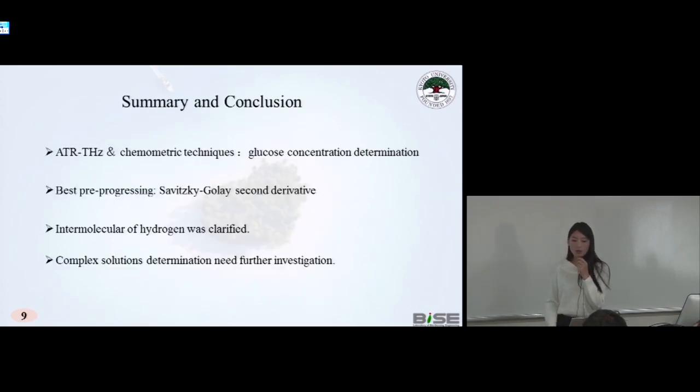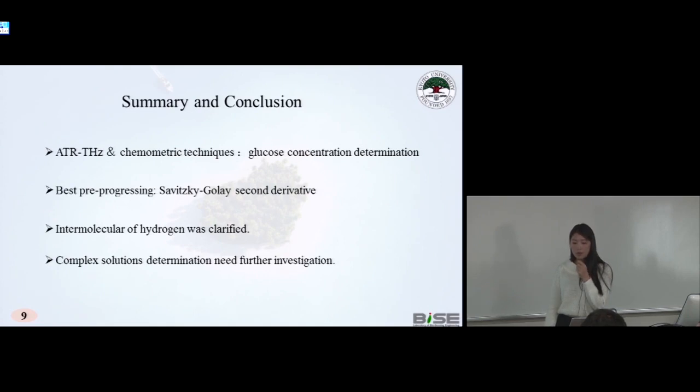And then the summary and conclusion. ATR terahertz together with chemometric techniques was successful for determination of glucose concentration in solution. The best pre-processing method was SG second derivative.